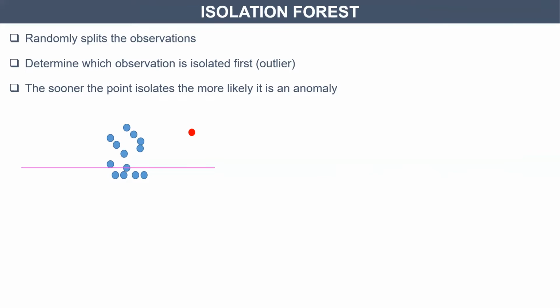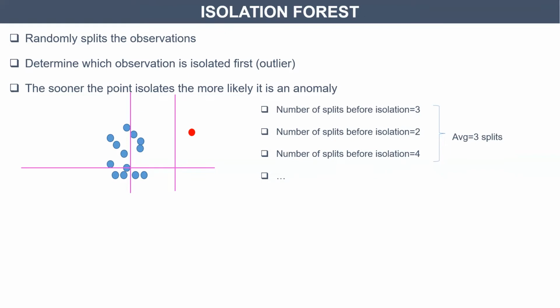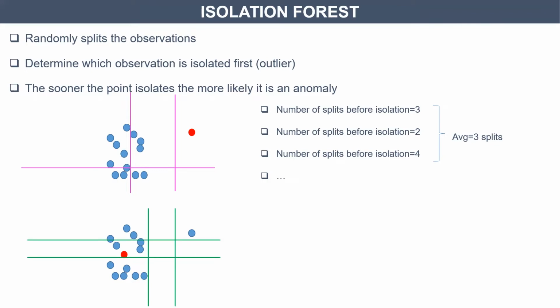For example, in this case, if we have a split from here and one more here and one more here, we can easily isolate our point. In that case, over many different random splits, on average, we could isolate that point in about 3 steps. But if it tries to find the label for this other point, then it will take more steps, obviously, because it's not as isolated as in the other case.